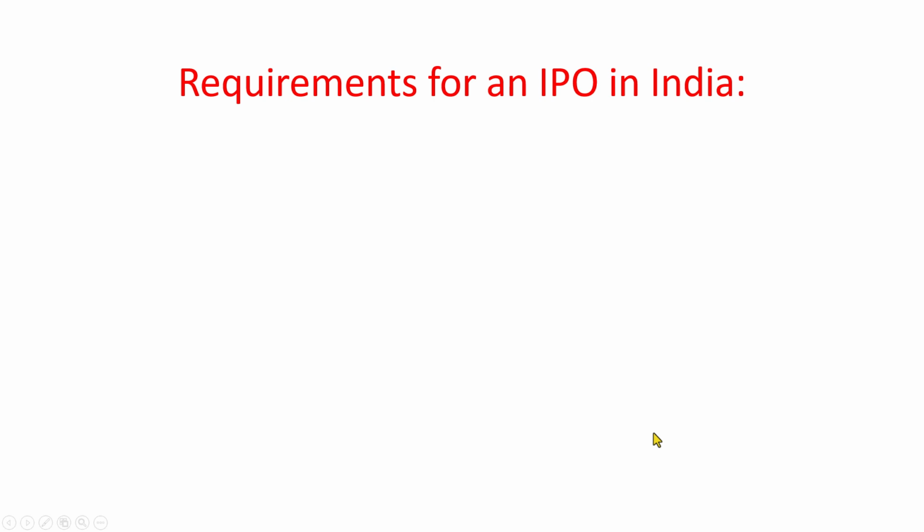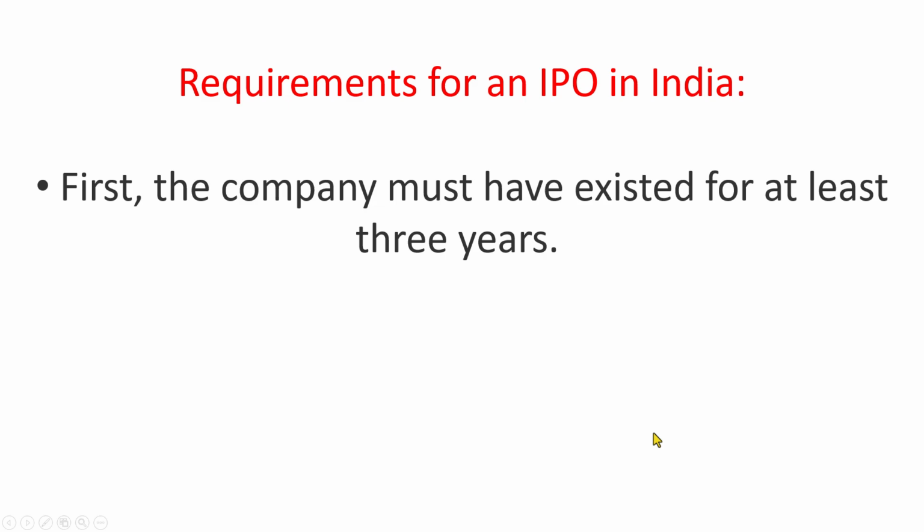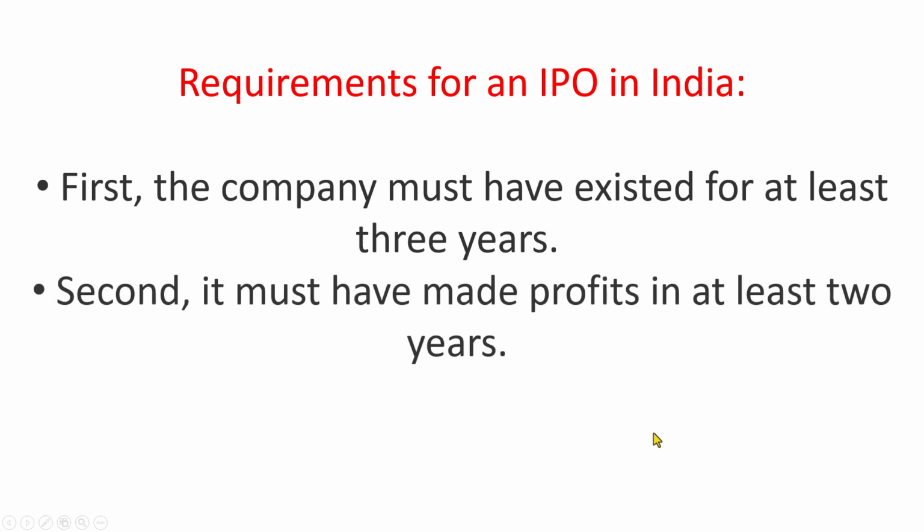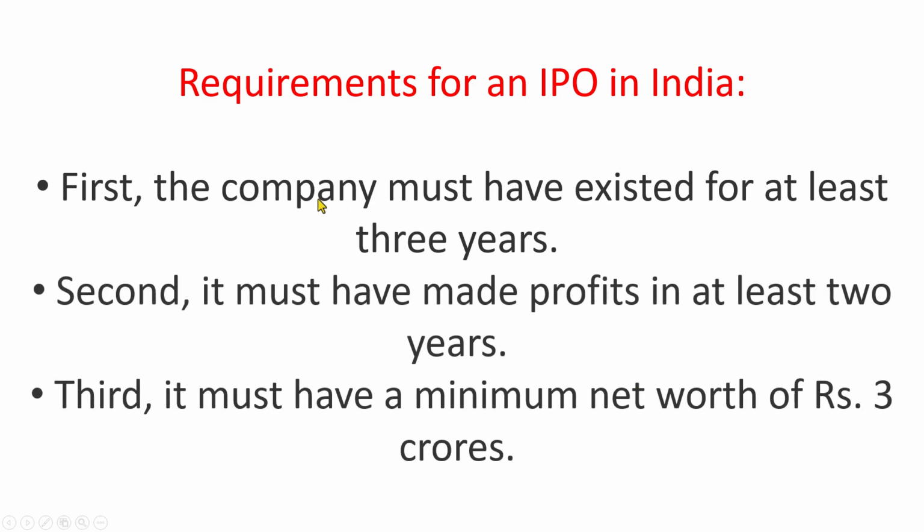And some of them are these. The company must have existed for at least 3 years. It must have made profits in at least 2 years, and it must have a minimum net worth of rupees 3 crores.